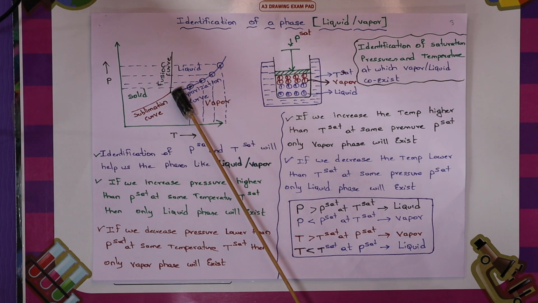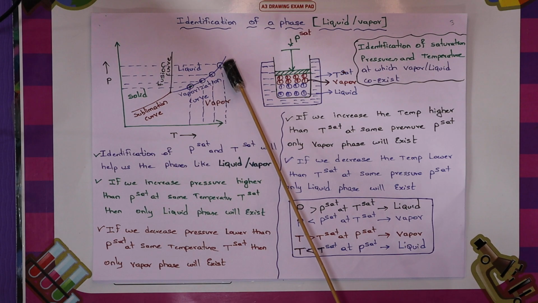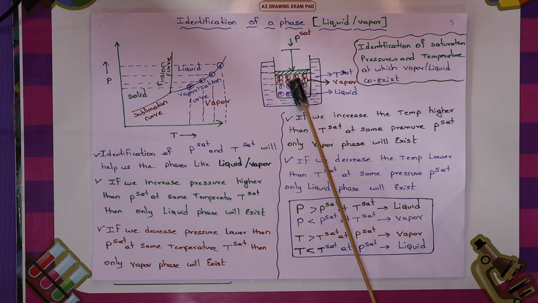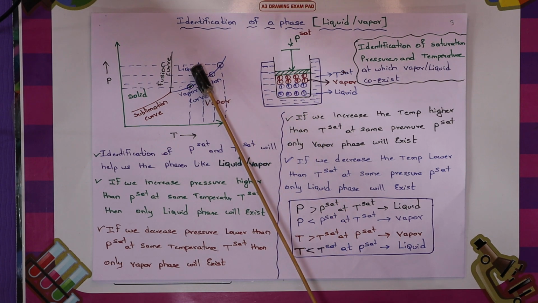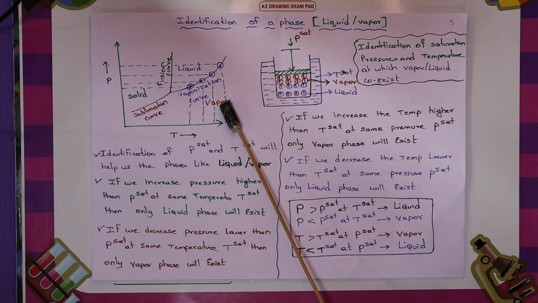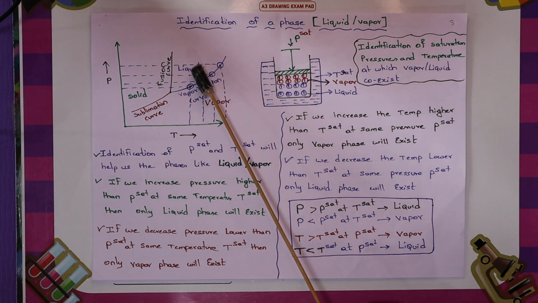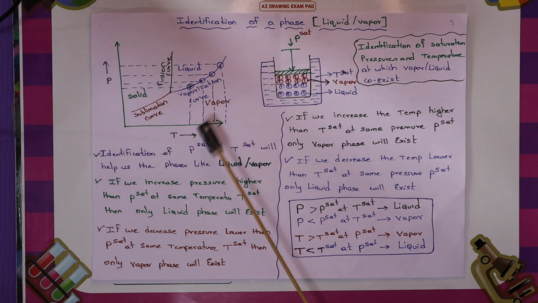There are certain principles to identify whether inside the system we have a liquid or a vapor. If we can identify what is contained within this system, we can apply the appropriate equations to find the liquid volumes and vapor volumes.